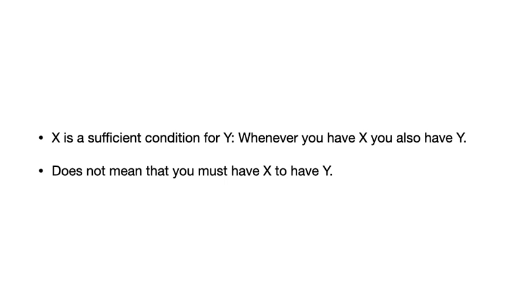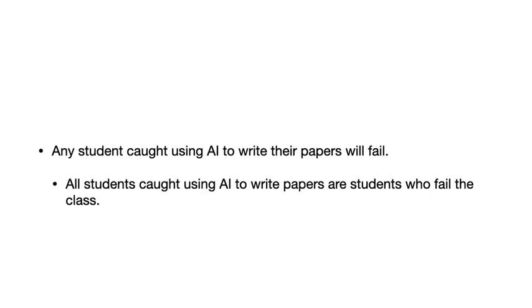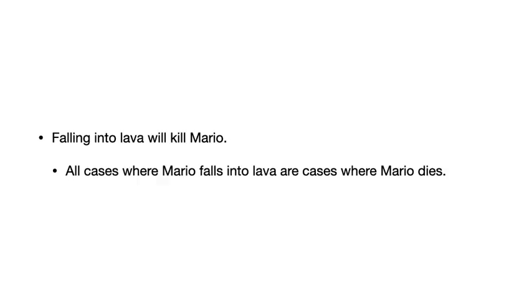So these two we can put in the form of categorical statements. And these two, we would use the all, but we have to be careful with the order. Any student caught using AI to write their papers will fail. Well, we would rephrase that to: all students caught using AI to write papers are students who fail the class. Falling into lava will kill Mario.